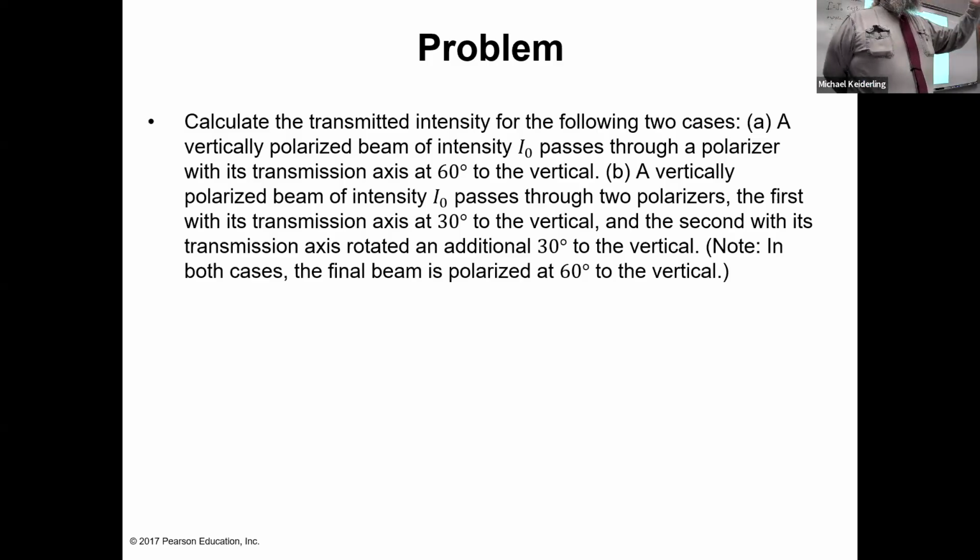In the first case, you have a vertically polarized beam. It hits a single polarizer that's 60 degrees from the vertical. The second case, you have a vertically polarized beam. It hits one at 30 degrees from the vertical, and then a second one at 60. So you're basically adding an extra polarizer in between.